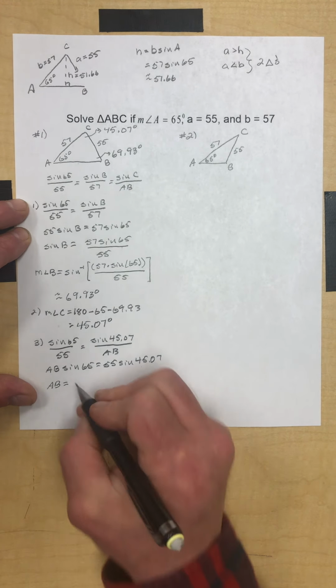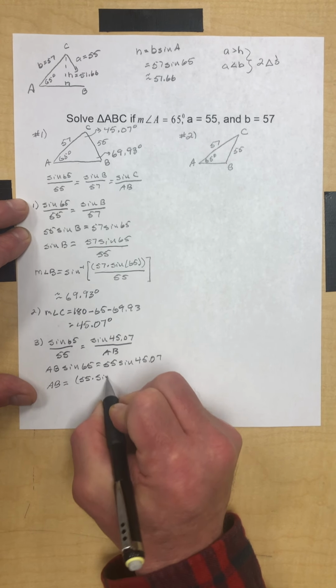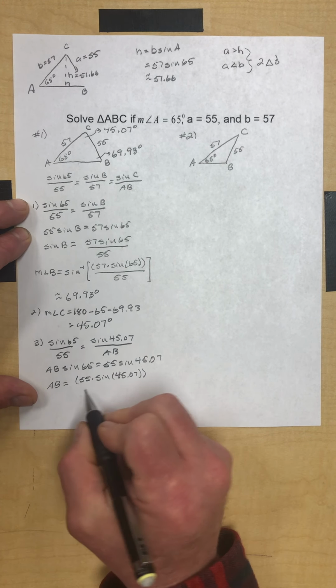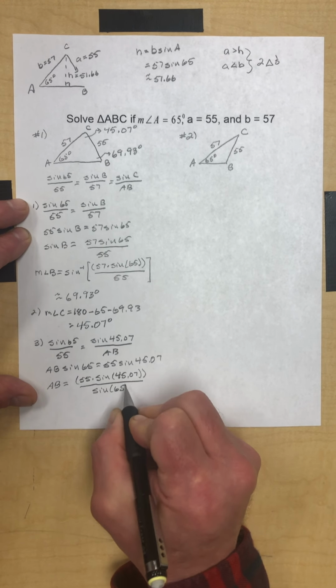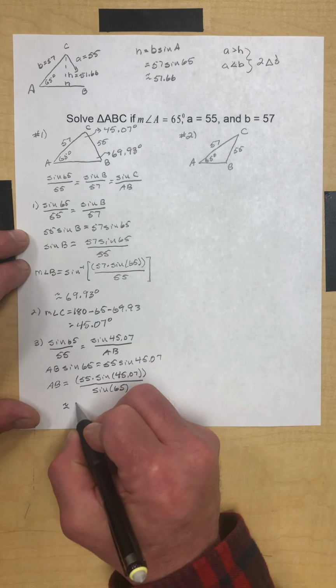So AB equals 55 times the sine of 45.07, divided by the sine of 65. We punch that into our calculator: 55 times the sine of 45.07, divided by the sine of 65. And I am getting 42.96.